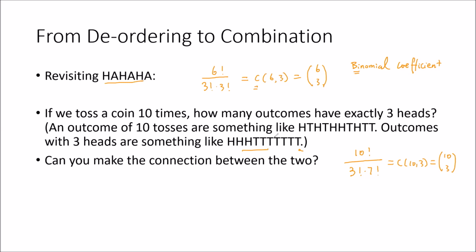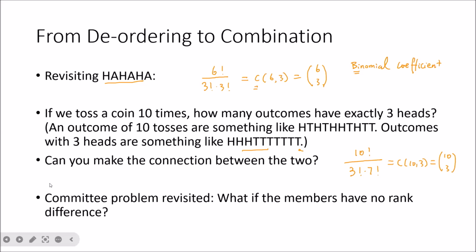If you have more than 2 things, then you would have a multinomial coefficient. And then you go back to this Massachusetts, Tallahassee, and that is actually a multinomial coefficient. All right, you have more than 2 categories. So this is a combination. I want to talk more about combination.